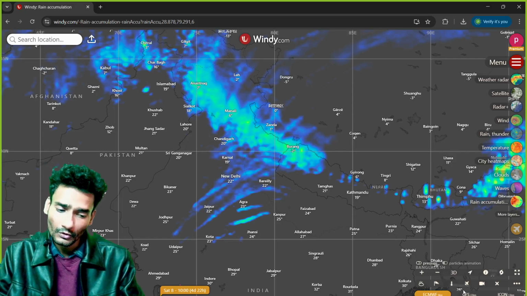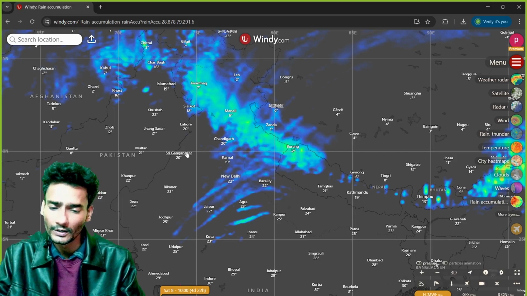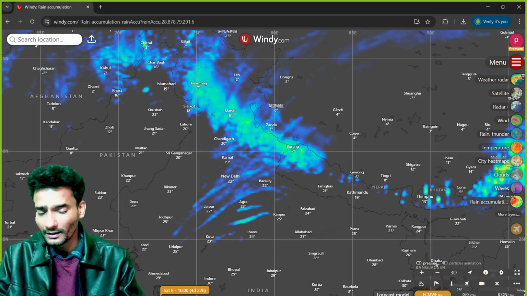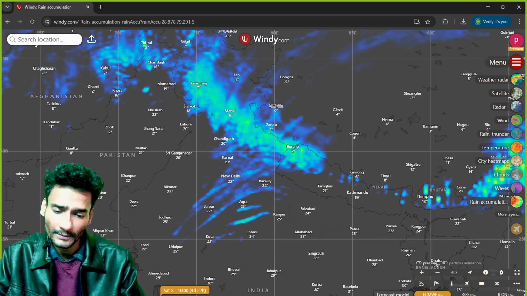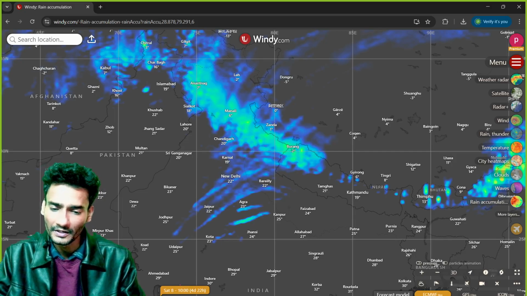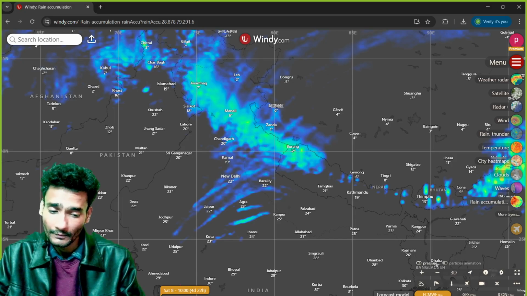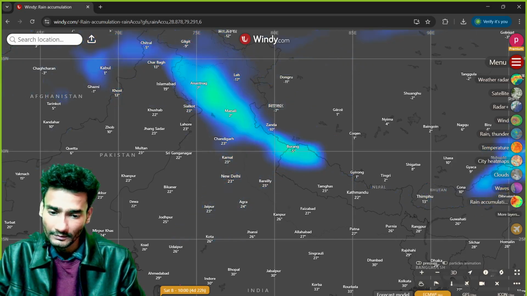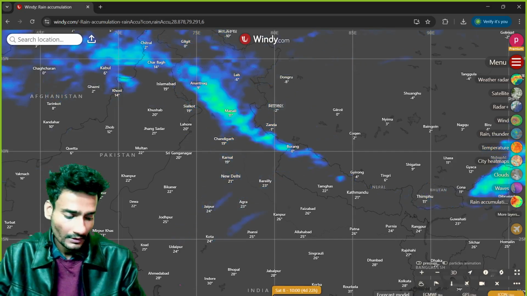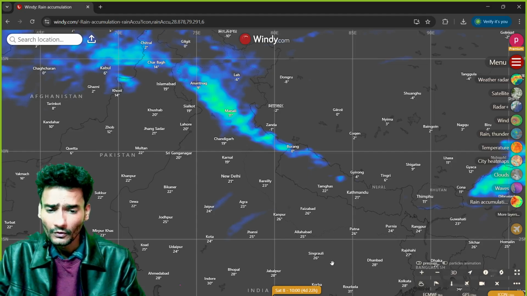So I think there are 60 to 70% chances for the Delhi NCR to get some rainfall, but the models are slightly in disagreement. So we have to be a little cautious about interpreting the ECMWF. I am not very confident about ECMWF right now because GFS and ICON are not expecting that much rainfall. So I think this is all for the next 72 hours.